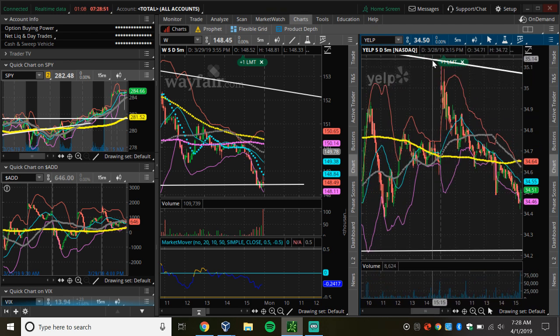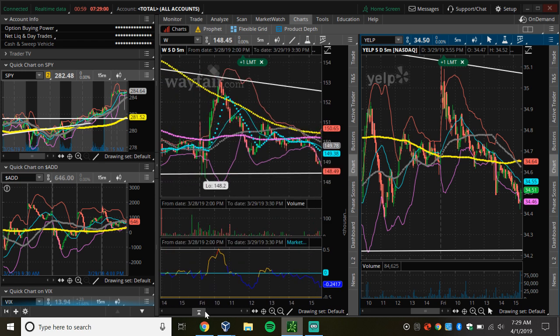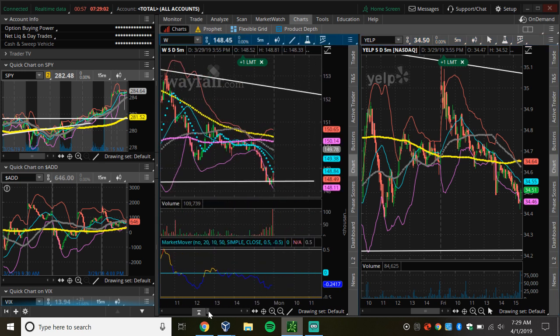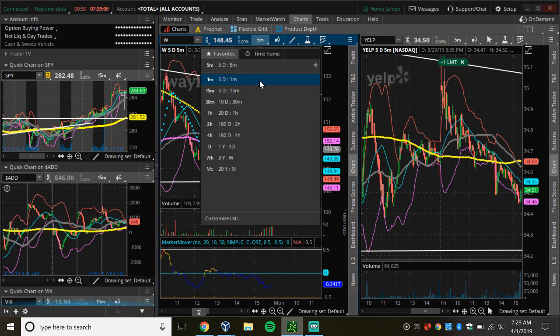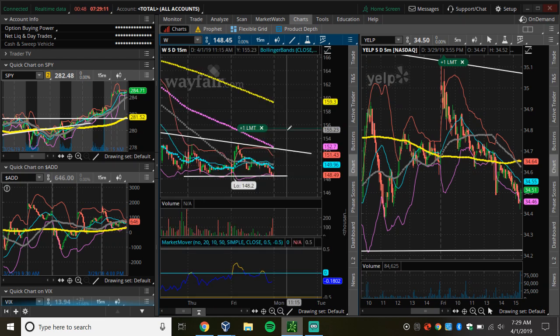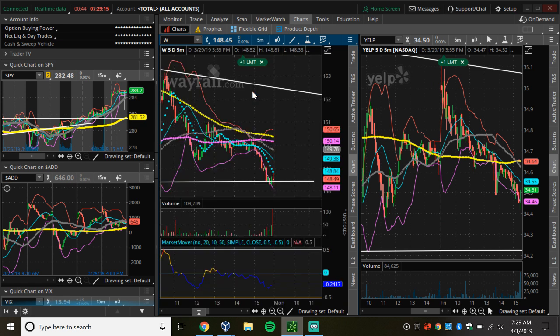As you can see, we touch that trend line and we drop down pretty hard. And then Wayfair needs to break that 148 level. Looks very, very possible. So all those moving averages right there look like they're going to be trending down soon. So what we want to see is no serious pop higher, and we just want to see a lot of price being traded in that range.